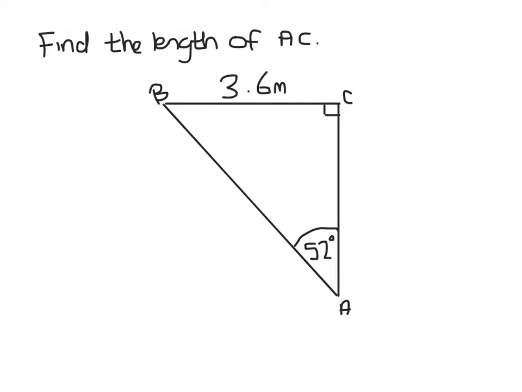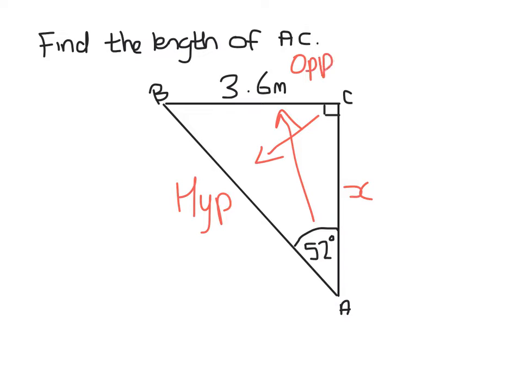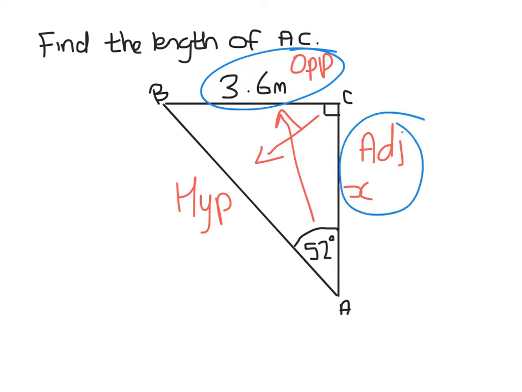So we start off by finding the unknown side, AC, and we put X there. Now we label. So this is the hypotenuse. This is my opposite. And this one is my adjacent. So I've got my opposite and my adjacent.